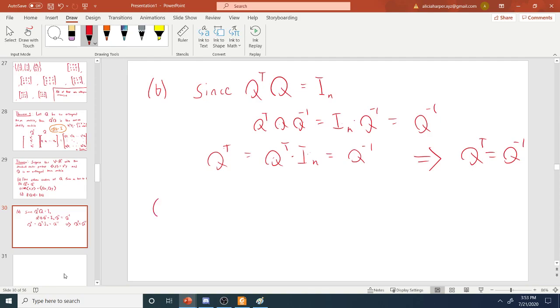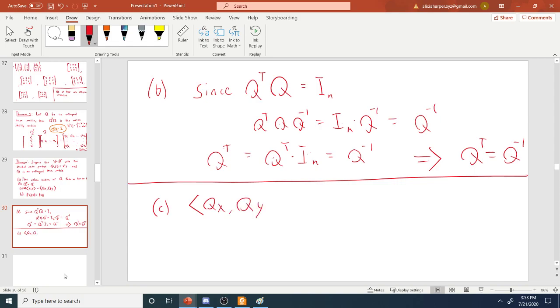And likewise, let's look at what happens when we study inner products. So let's look at the inner product of Qx with Qy. Well, this will be the same thing as Qx transpose times Qy. But then this will be the same thing as x transpose Q transpose times Q times y.